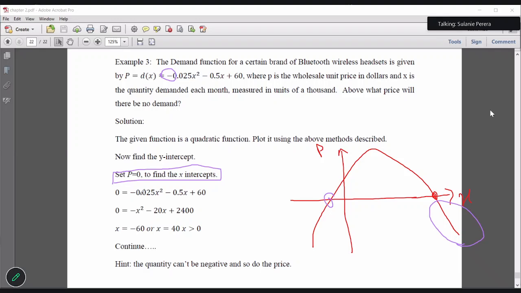So how do we solve this? We can multiply all the terms by 1000, not 100. So you will get minus 25x squared minus 500x plus 60,000.